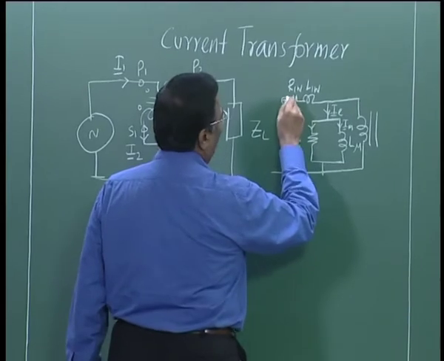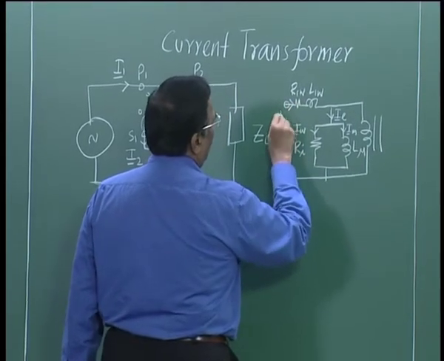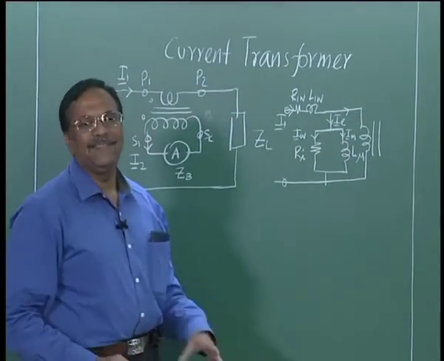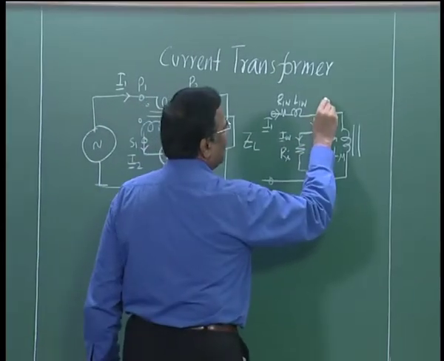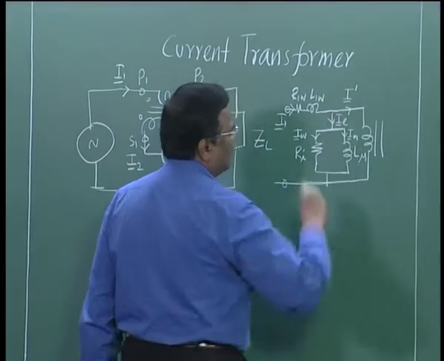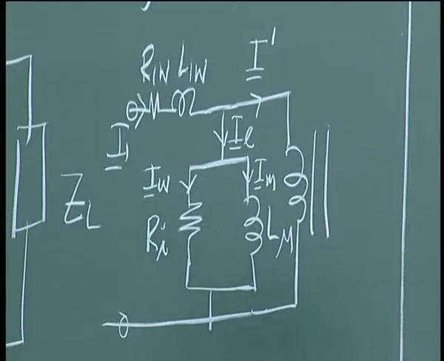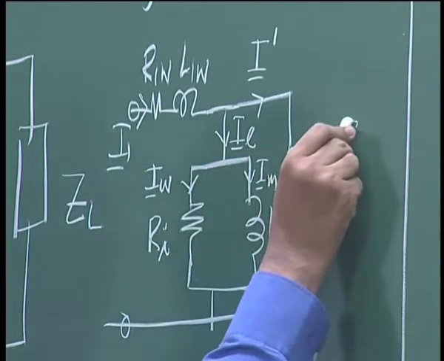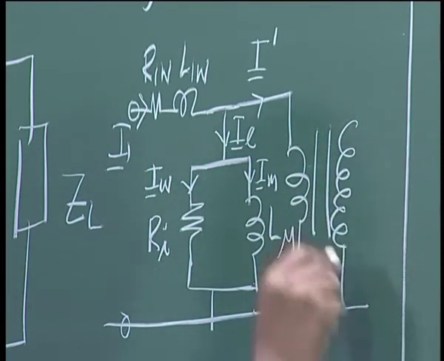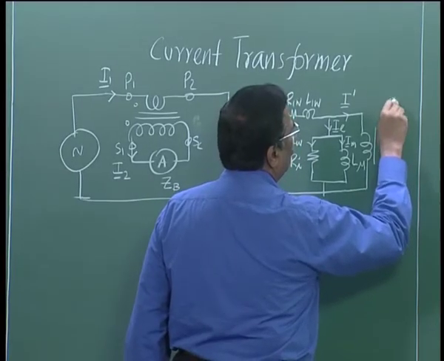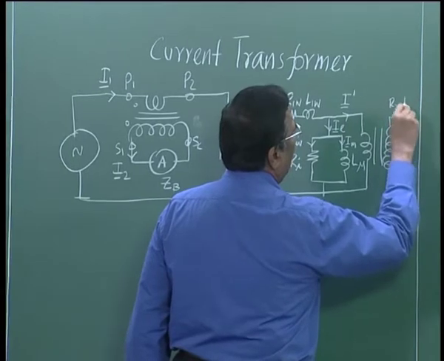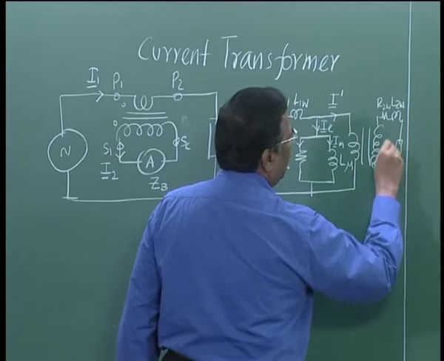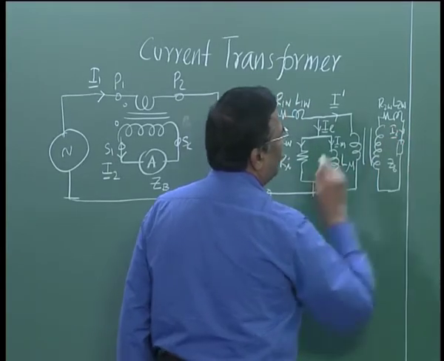So, I have I1 here, then from I1 the core takes the excitation current, and what is remaining we call the reflected secondary current on the primary side, which is I1 prime. Now, on the secondary we have a very simple circuit. We have R2W, L2W and the burden ZB. I have the current I2 flowing through here.